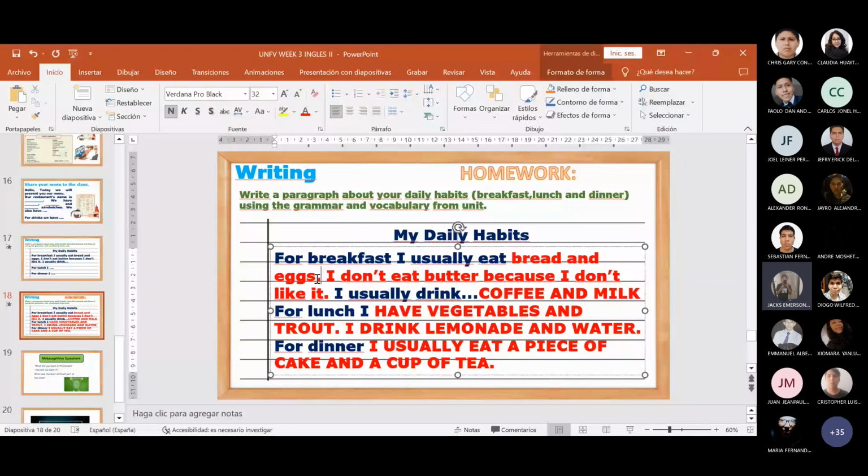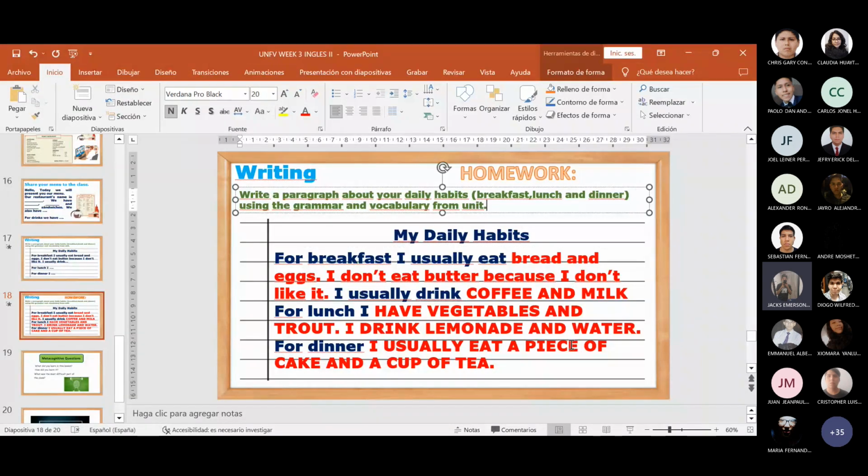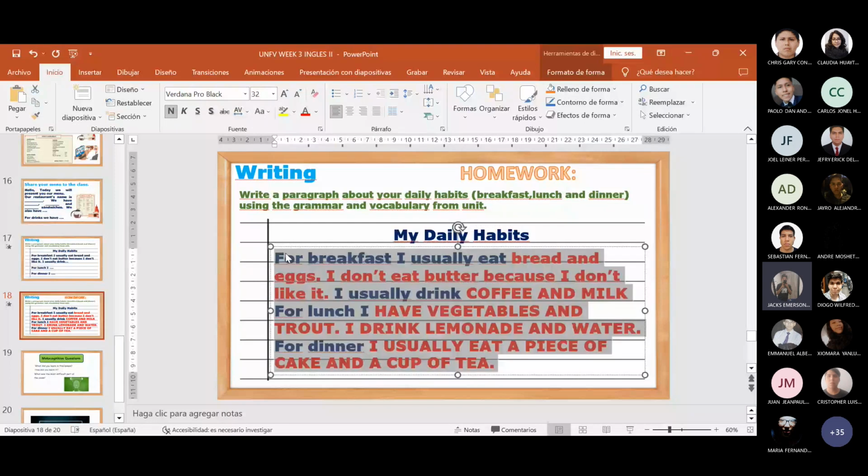I usually drink coffee and milk. For lunch, I have vegetables and trout. I drink lemonade and water. For dinner, I usually eat a piece of cake and a cup of tea. Son mis rutinas acerca de las comidas. Esto sí lo vamos a hacer now because it is easy. No es muy complicado. It is something short.